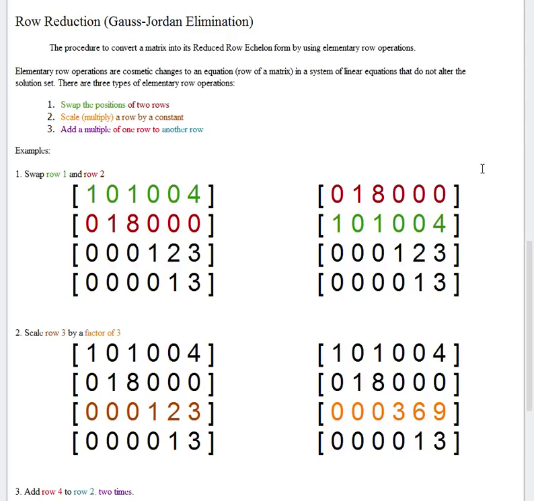There's a distinction between having the same matrix and having the same system of equations. The matrix is obviously changing because different entries have different values, but the underlying system that we're representing has not changed at all, because we're just choosing to look at information in a different order when we swap the position of two rows. And the row corresponds to an equation in our system.